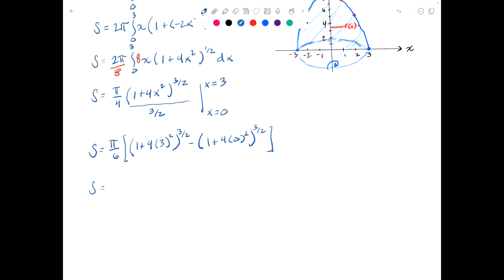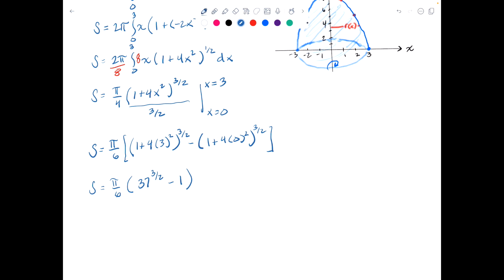So S will be pi over 6. 3 squared is 9. 9 times 4 is 36. So it's awkward, but we'll end up getting 37 to the 3/2 minus 1 to the 3/2, which is just 1.